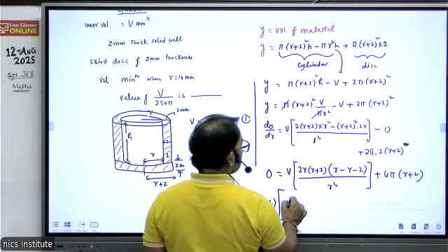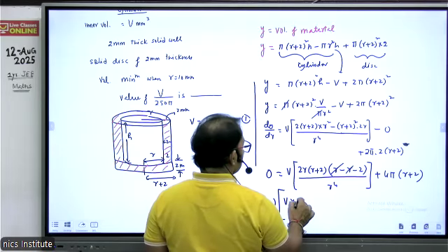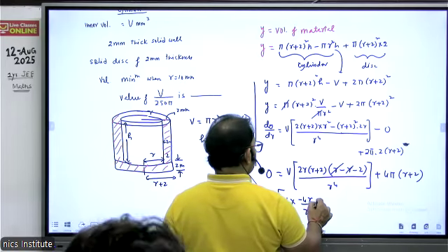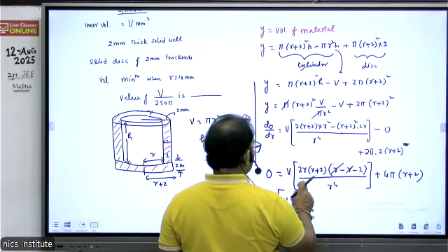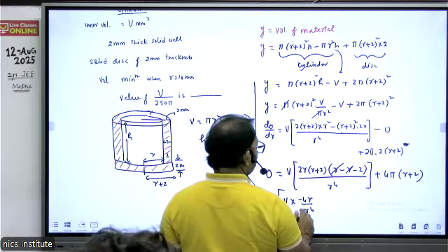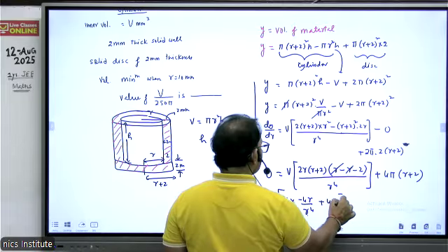So this will be v into this, and this cuts, minus 4r by r4. This is r plus 2 common. This is 2r into minus 2, 4r by r4, plus this is 4 pi.